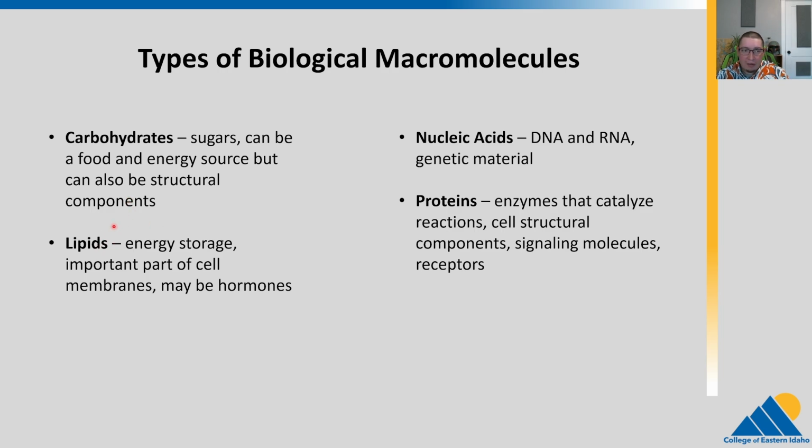We then have lipids. Lipids are very useful for energy storage, but lipids also make up a large part of our cellular membrane. We're going to talk all about membranes because we're going to talk about cells, but lipids are very important. These include fats and oils. Some lipids are also converted into animal hormones that are lipid-based.